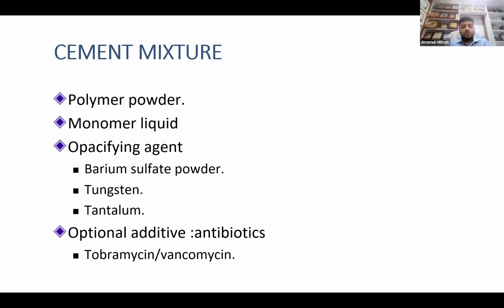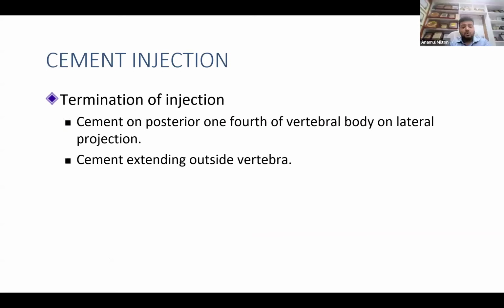It may be barium sulfate powder, sometimes tungsten, and sometimes we can add an antibiotic when we mix, making this paste-type vertebral filling substance. So we can add some antibiotic like tobramycin or vancomycin.